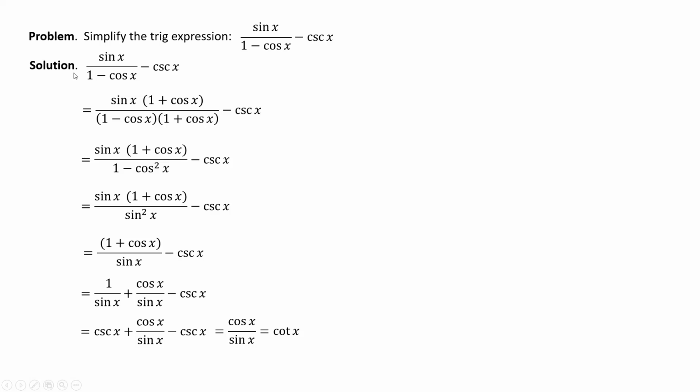In that case, you may have a very hard time working with the integral as such. But if you recognize these identities and simplify this to cotangent x, the integral of cotangent x would be much simpler. And that's why you must learn to do this trig expression simplification.